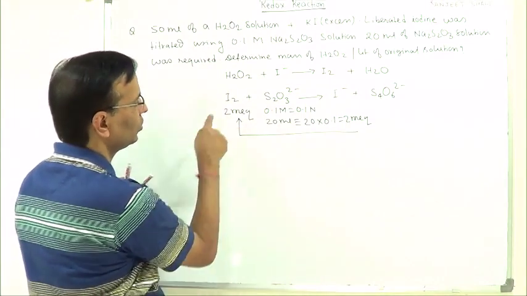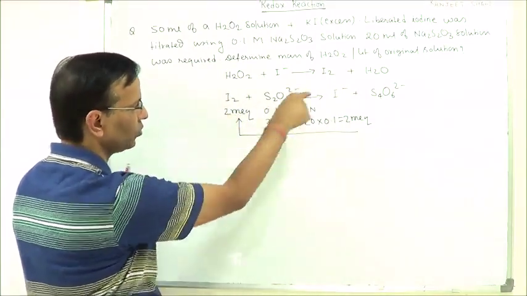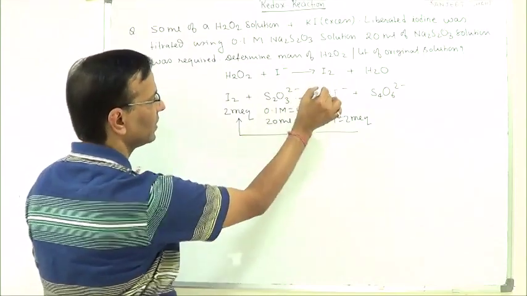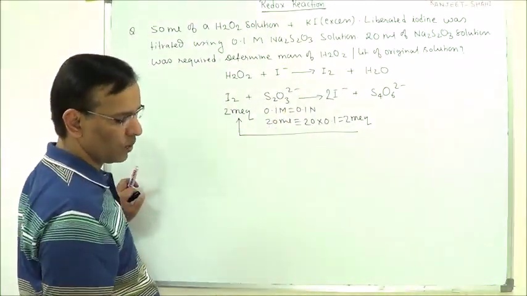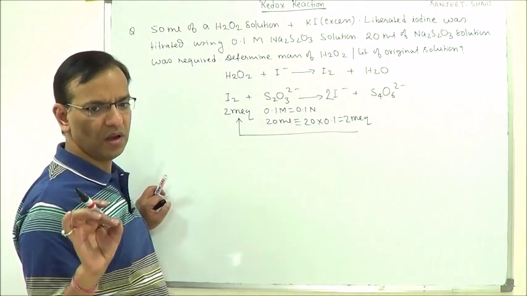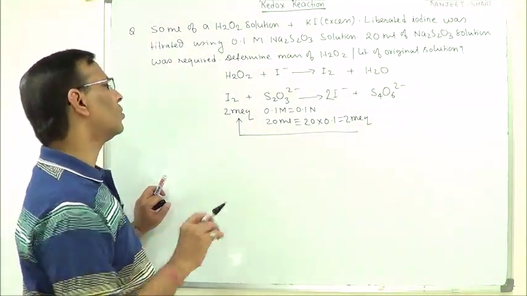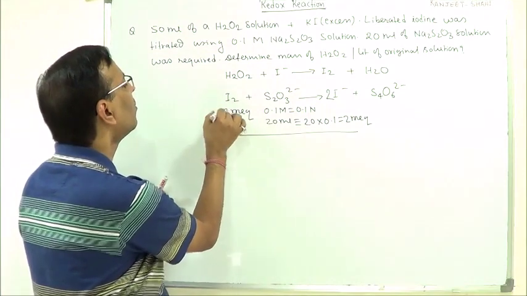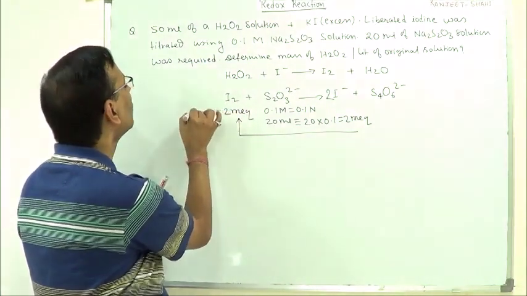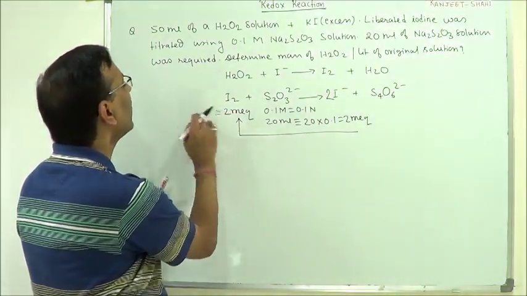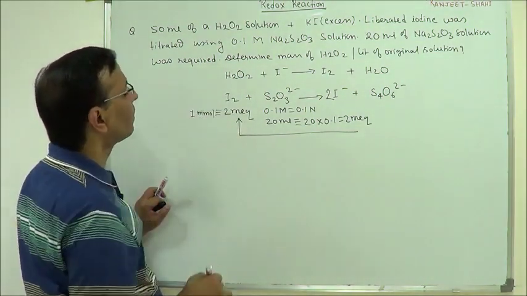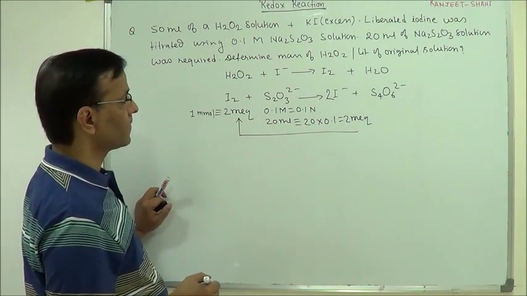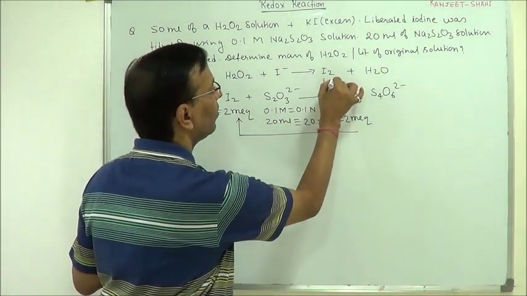I2, 2 is part of the formula, so for 1 I2, 2 iodide will have to be balanced, and if we take 2, so 0 to -2, N factor for iodine is 2. So 2 milliequivalent will be equal to 2 by 2, 1 millimole. So iodine is 1 millimole.